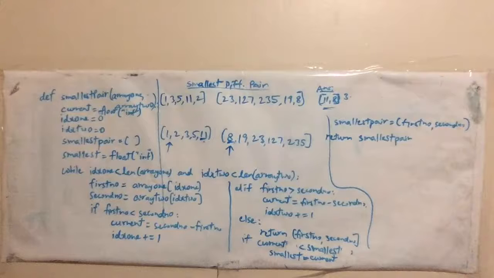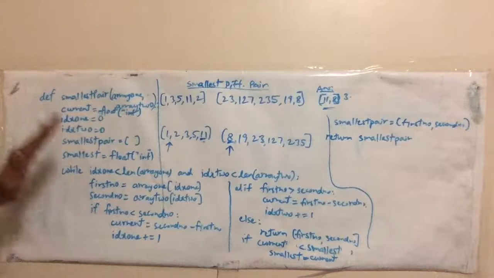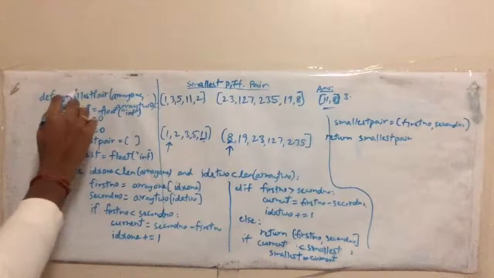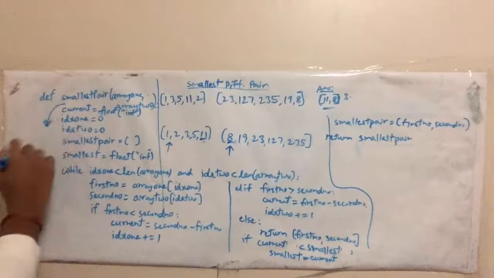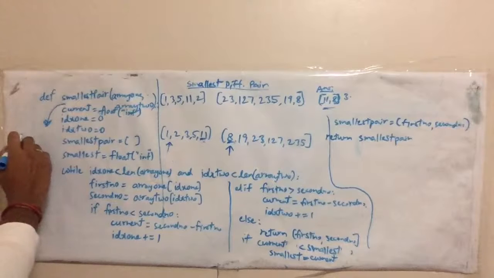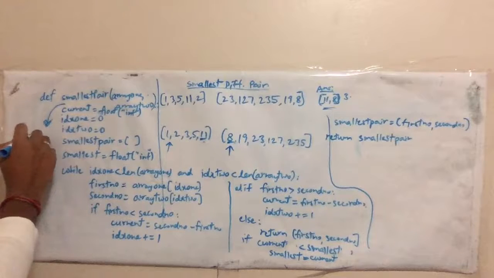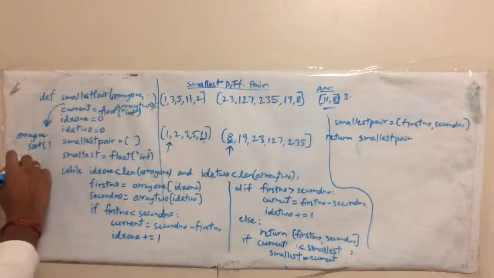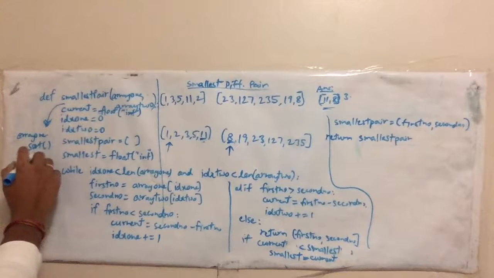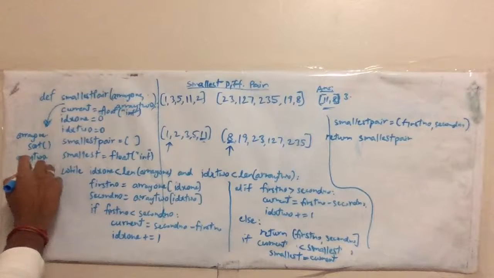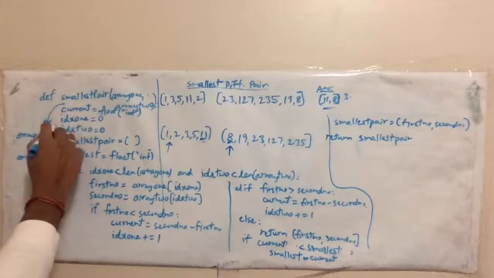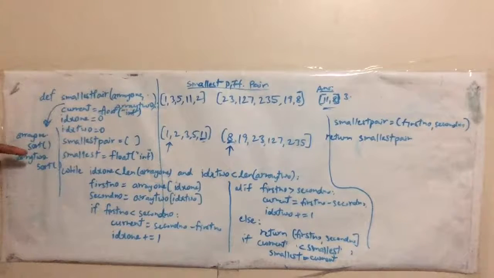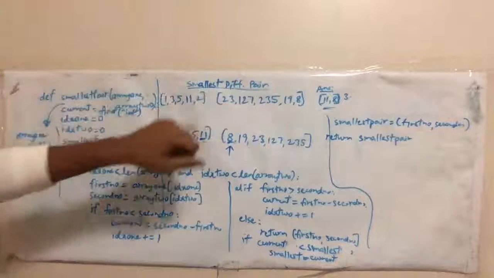So this program will execute. We need to actually sort here: array1 dot sort, and array2 dot sort. This will come here. Sorting will execute in m log m and n log n.